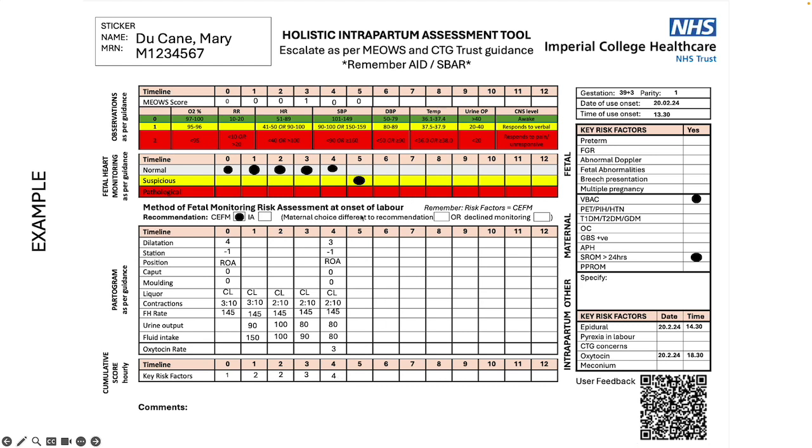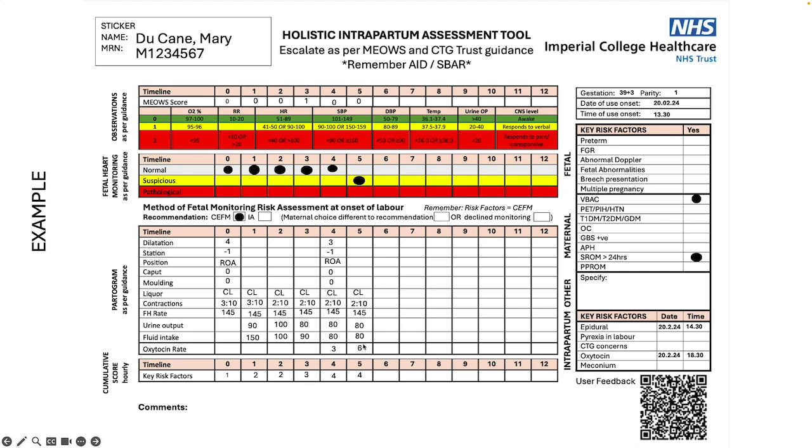We continue with labour. The next hour we notice that her CTG becomes suspicious. Note here that these boxes, as you know, are hourly assessments. Where it says oxytocin rate, you would have expected it to have gone up to 12, as we would increase every half an hour, but obviously it's been from 3 to 6.